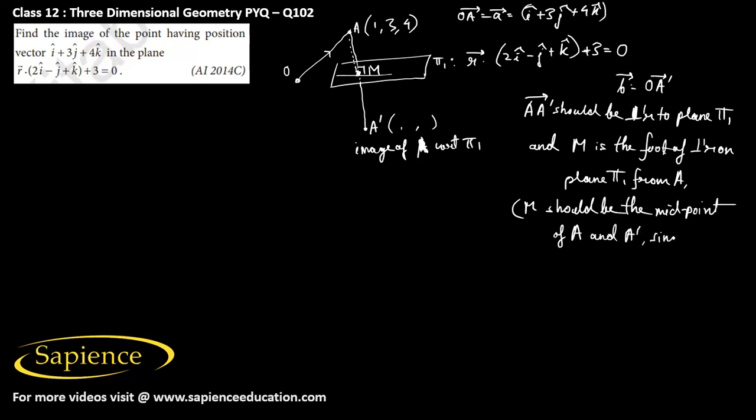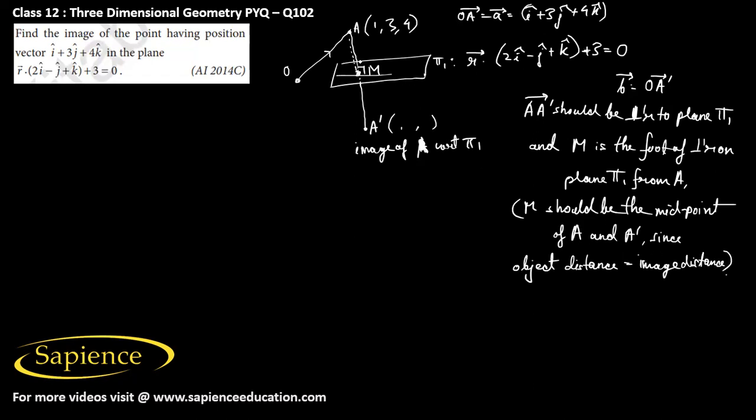Why? Since we know that the object distance from the plane should be equal to the image distance from the plane.